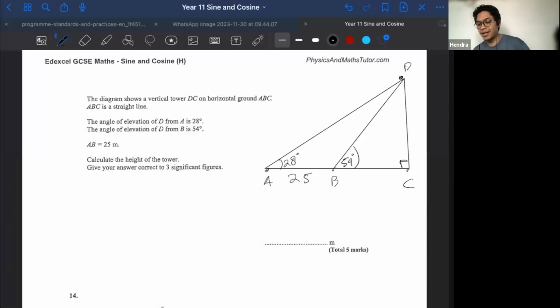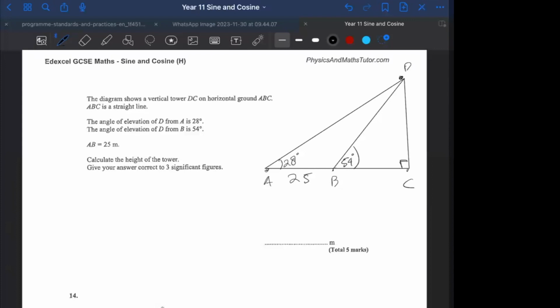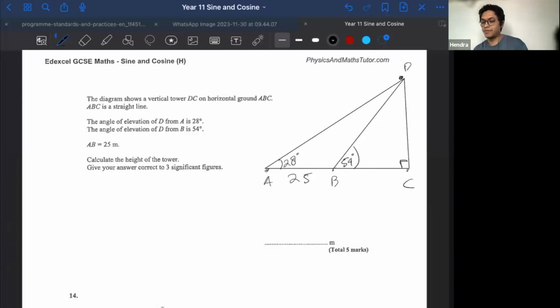Calculate the height of the tower. So that means CD. How do we do this? That's the only information we know. ABC is a straight line. The angle of elevation of D from A is 28, from B is 54, and AB is 25.